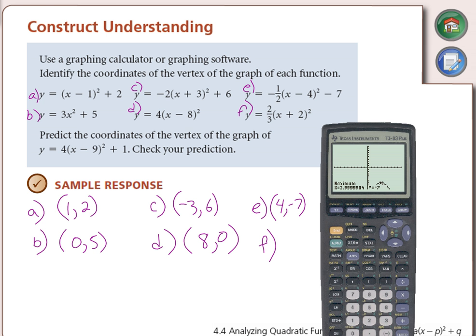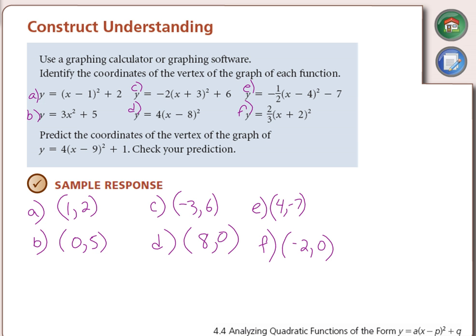Okay, and let's do the last one, F. Punching it into the calculator there. And graph it. We know that it's opening up. So let's do our second calculate. We're looking for a minimum. Move it over. Good. Bring it back to the right side. Good. And what we got? Ooh, negative 2 and again 0. Now hopefully you can see the pattern that's emerging.